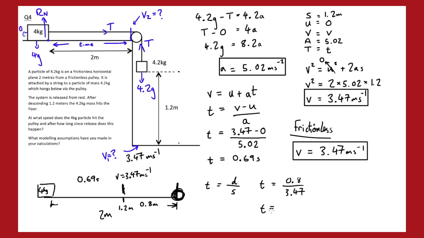That gives me a time of 0.23 seconds. So when I combine them, 0.69 plus 0.23, I get my final answer, which is 0.92 seconds. So from being released from rest until it hits the pulley, it takes just under a second.